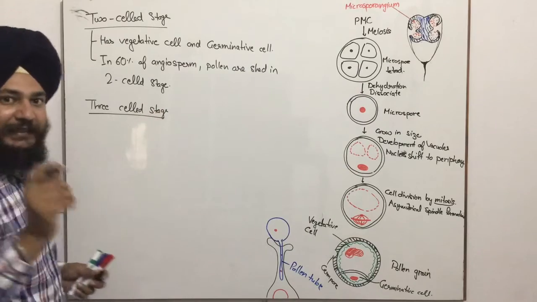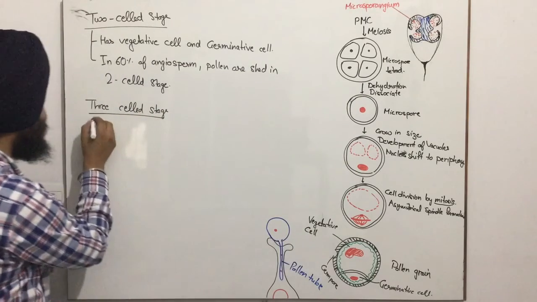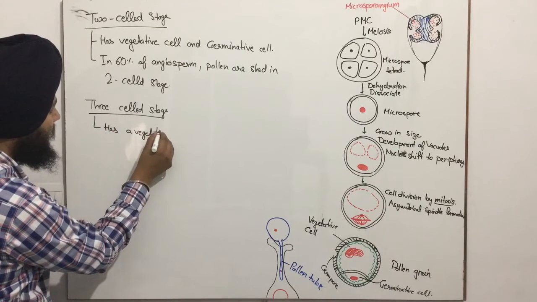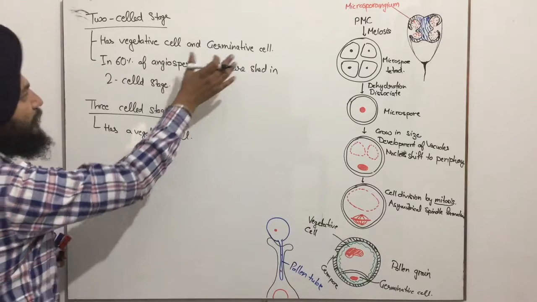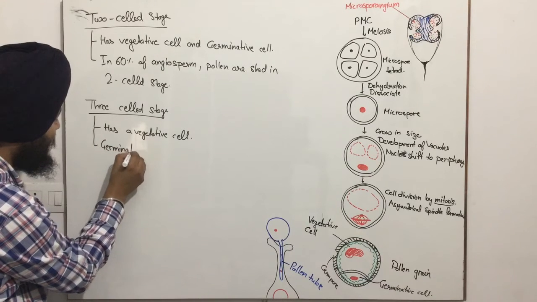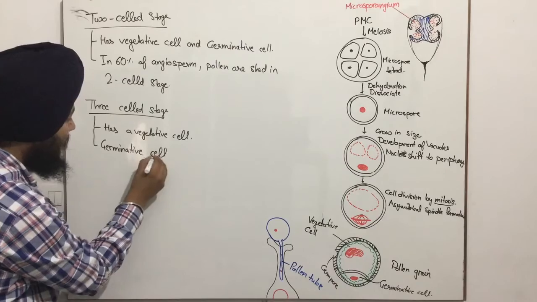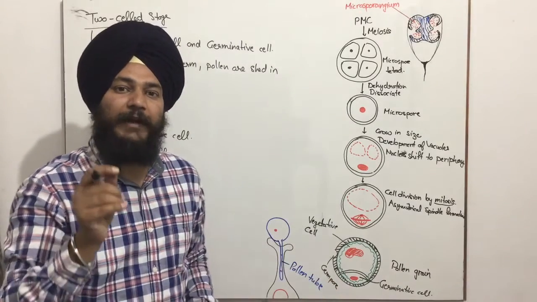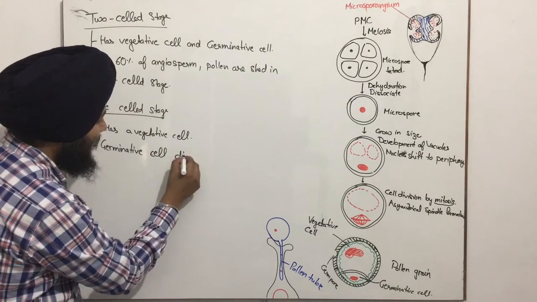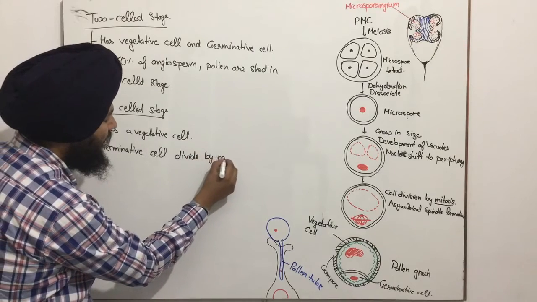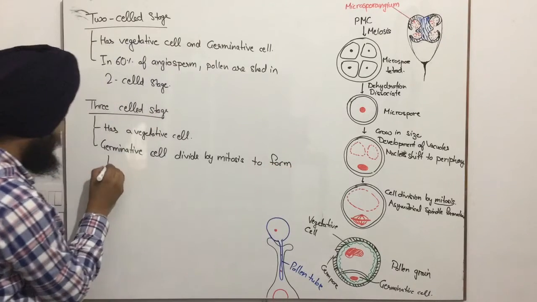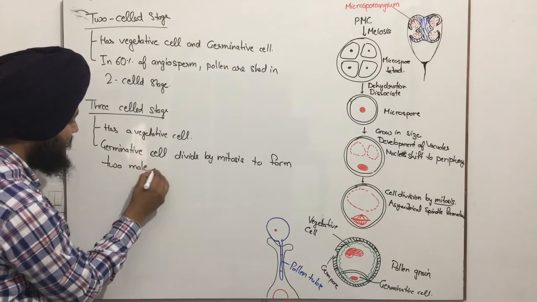Okay, then we have the three cell stage. In the three cell stage again we have a vegetative cell, and the germinative cell divides by mitosis to form two male gametes.